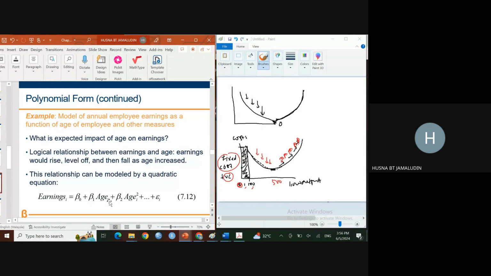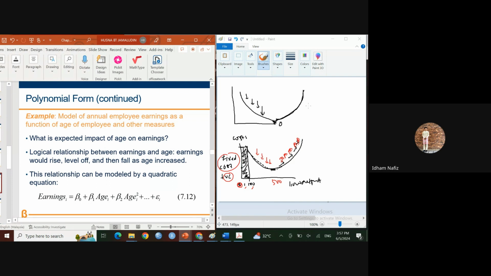So what is your expectation about age? Do you think age is going to have a U shape or an inverted U shape on earning? What do you think? Inverted U, madam. Why? Can you explain?